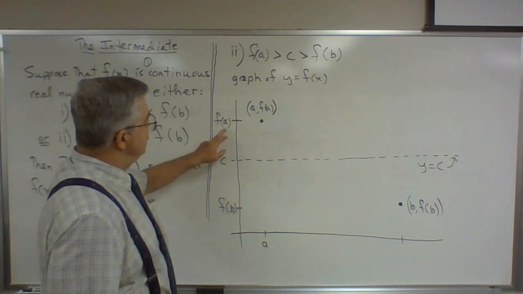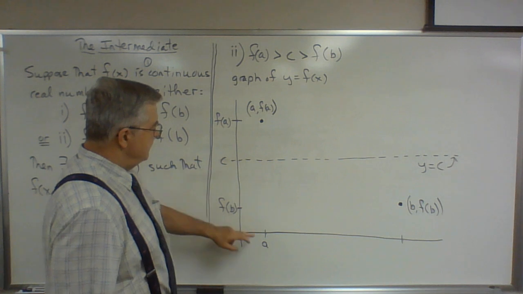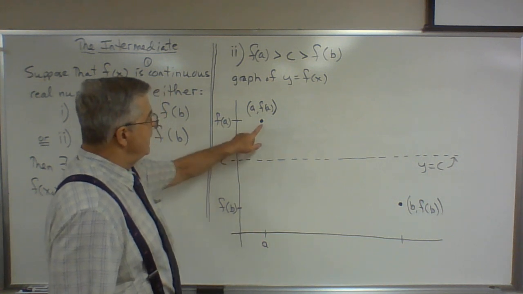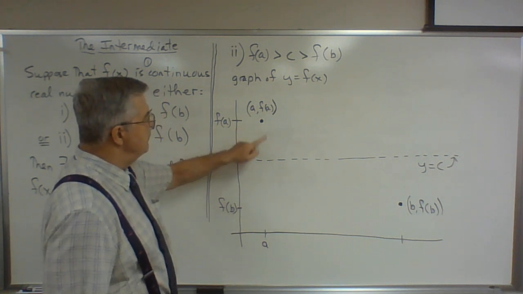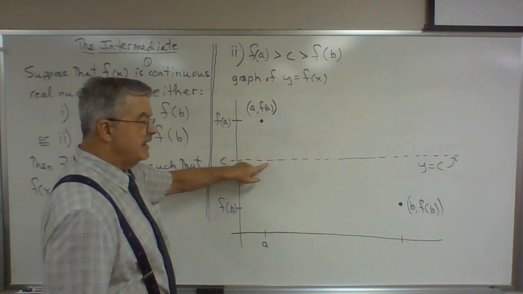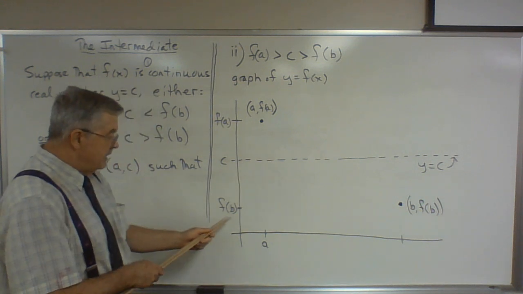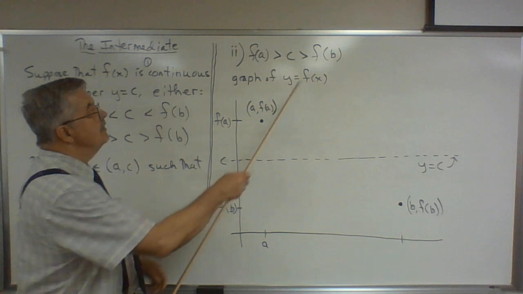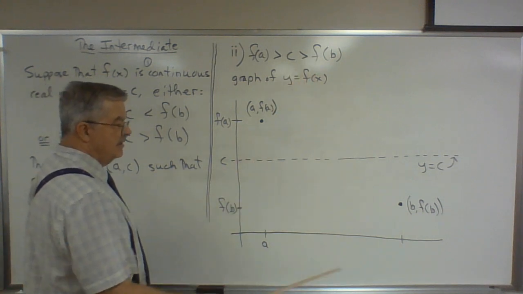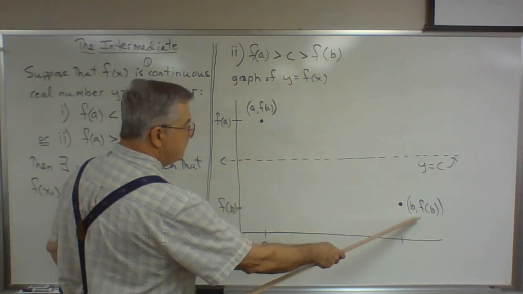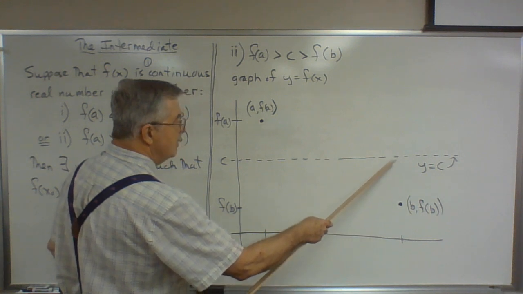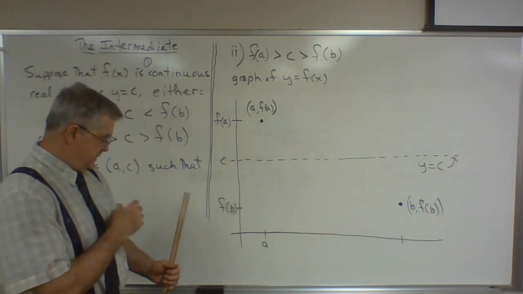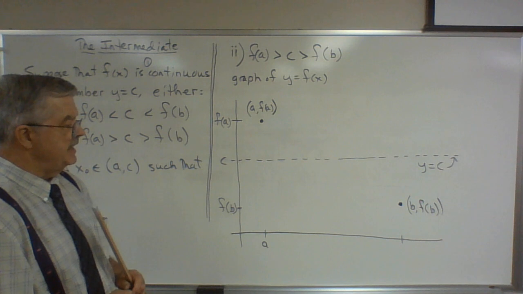And since f of a is greater than c, the point (a, f of a) lies above the line y equals c in the xy plane. Because f of b is less than c, the point (b, f of b) lies below the line y equals c in the xy plane.